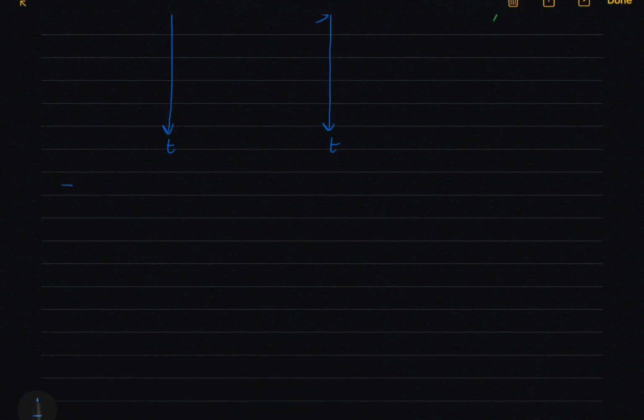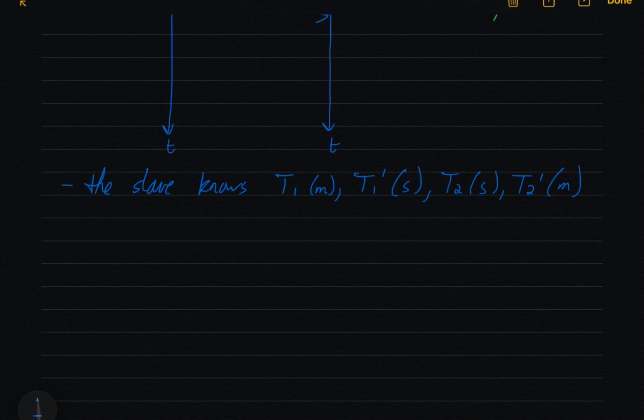So what we have is the slave knows T1, which comes from the master, T1 prime, which was measured at the slave, T2, which was measured at the slave, and T2 prime, which was measured at the master. And we can write out a couple of equations.